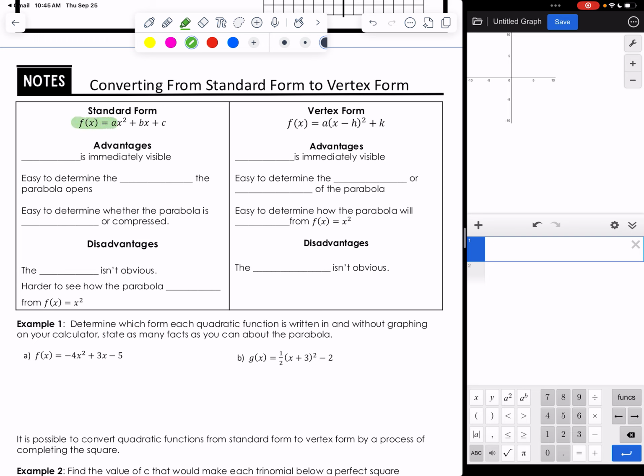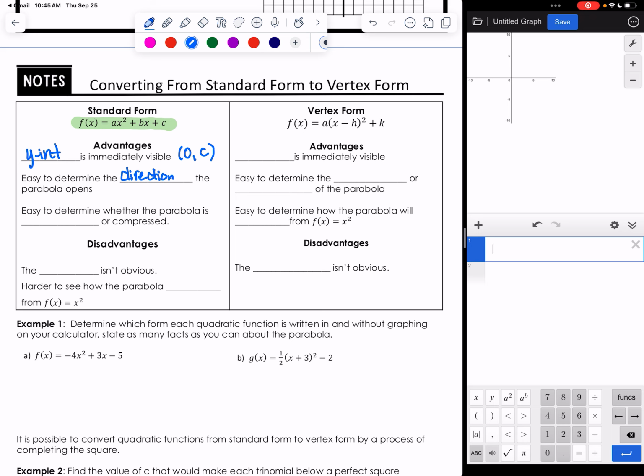Standard form is written whenever your quadratic equation is in the form f of x equals ax squared plus bx plus c. Now, one advantage to this form is that your y-intercept, where it touches the y-axis, is immediately visible to you because it's always the ordered pair 0, comma c. It's also easy to determine the direction the parabola opens.